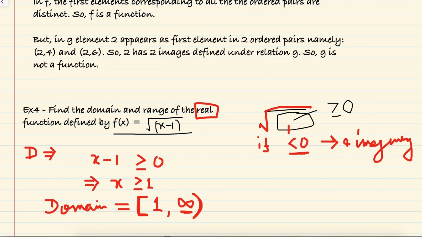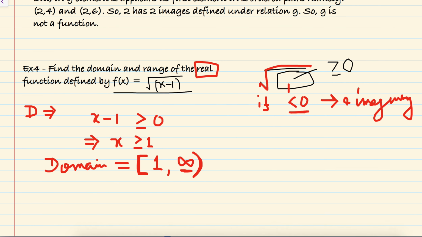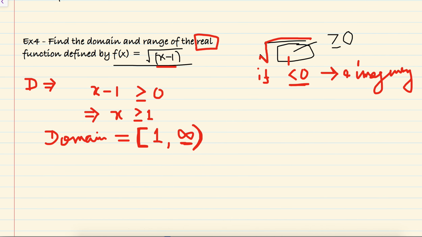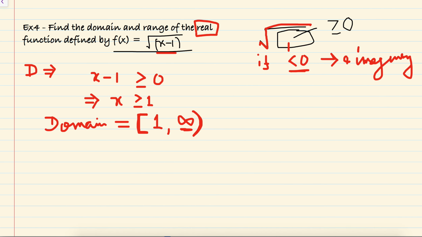So starting from 1 till infinity, but not less than 1. If it becomes 0.5, then this term will become minus 0.5 and its square root will not be real, it will be imaginary. So this is the domain, and what would be the range?